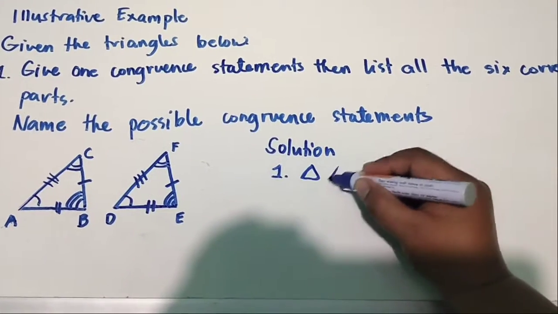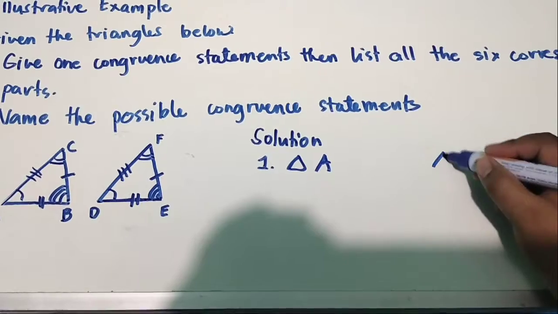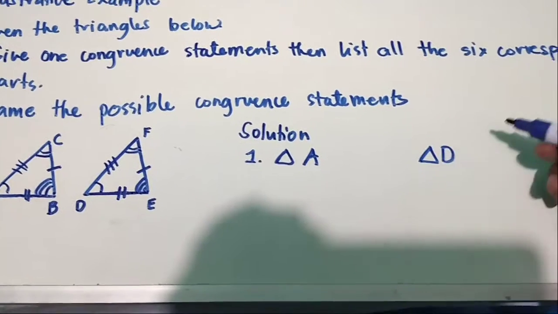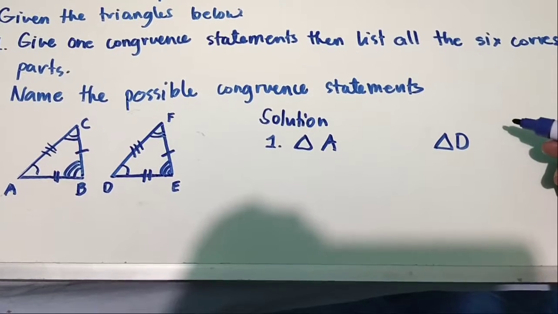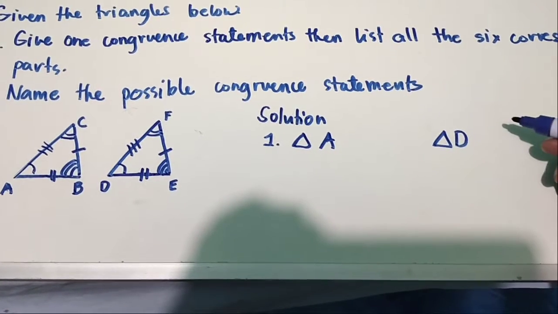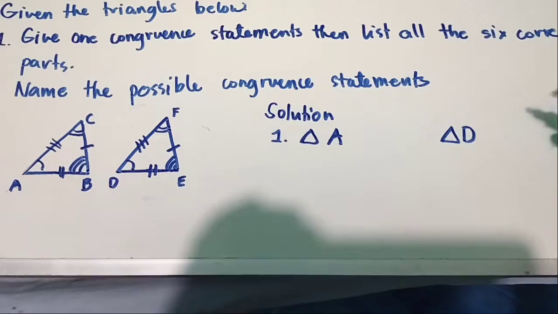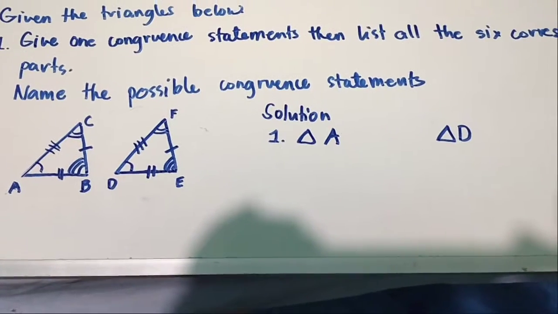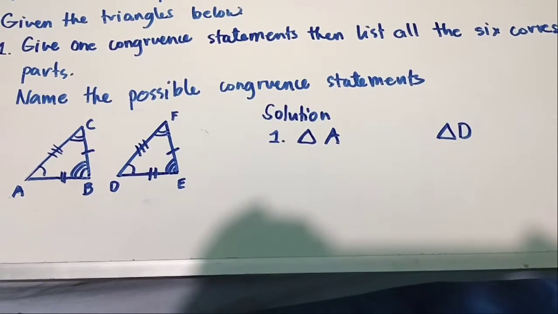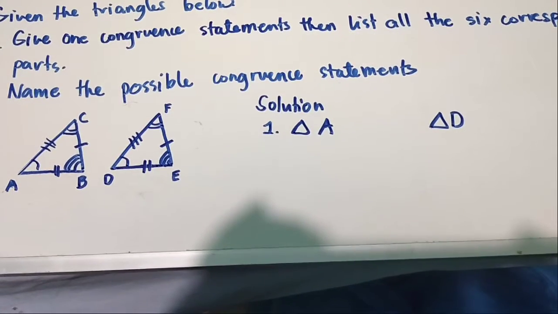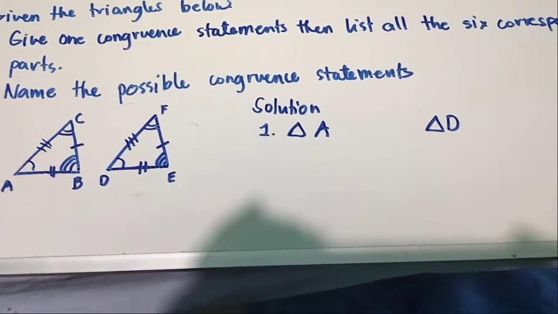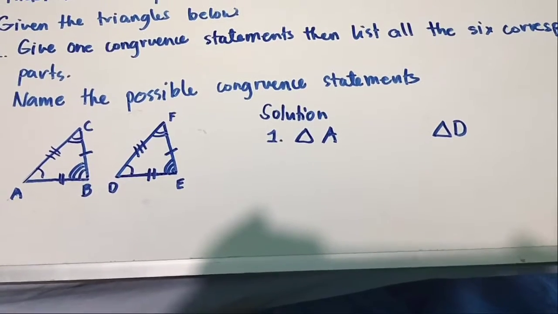Angle A, angle D. And then angle B is congruent to angle E. What is my reason? Just look at the congruency sign for angles. It has 3 congruency signs. So meaning to say, it corresponds to angle E.